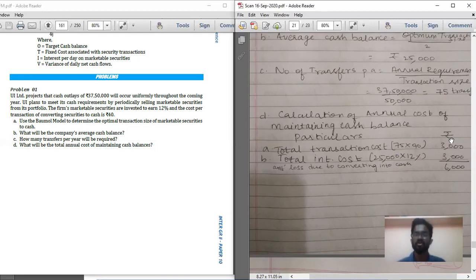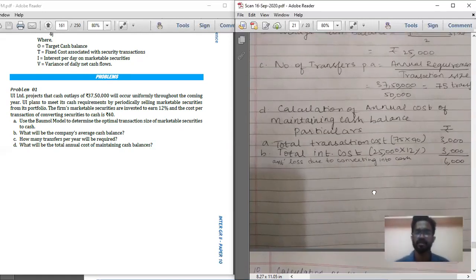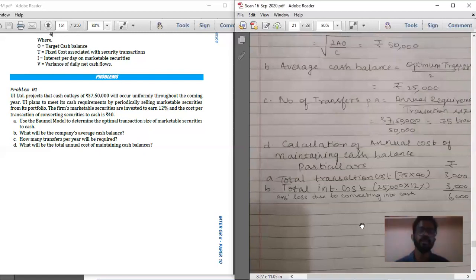It is the amount of loss due to holding it as cash. So within bracket 25,000 into 12%, in the amount column record 3,000. So the total is 6,000. So 6,000 is the total annual cost of maintaining the cash balance.